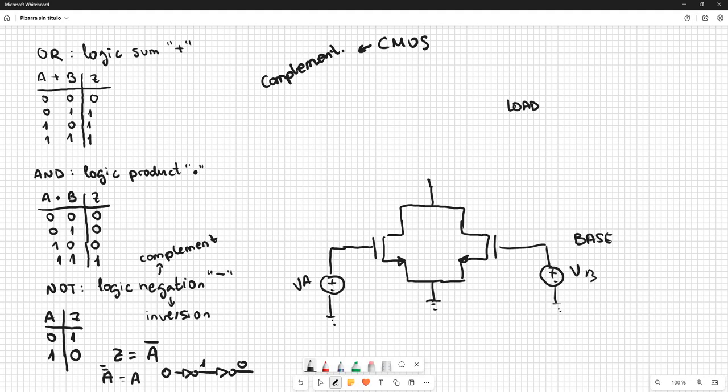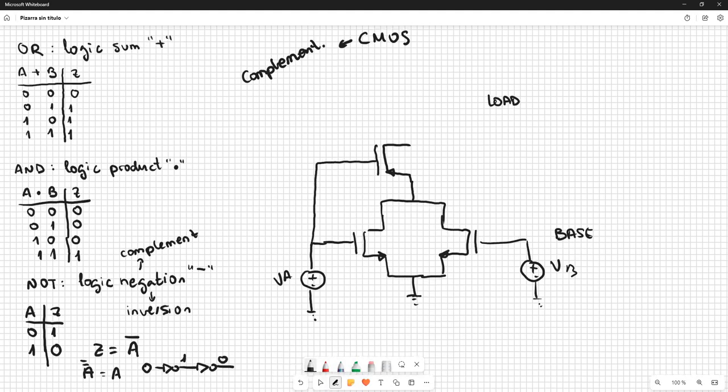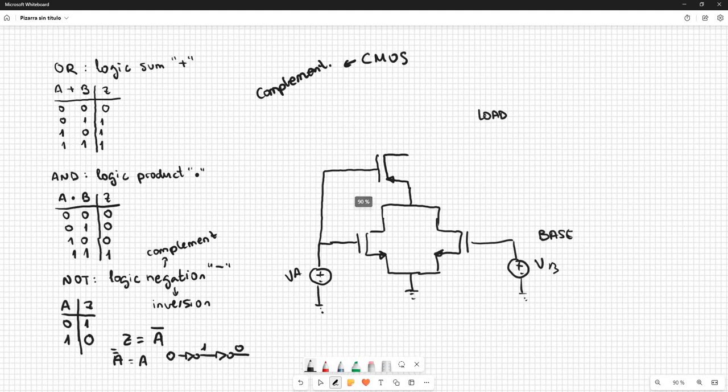So here we're going to have a PMOS transistor for this input, and a PMOS transistor for this input. And sorry, because I drew this not in the right way. The arrow is entering here.